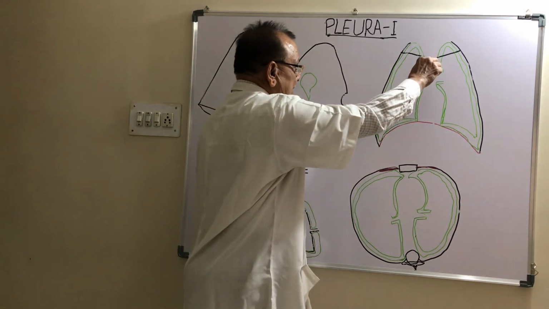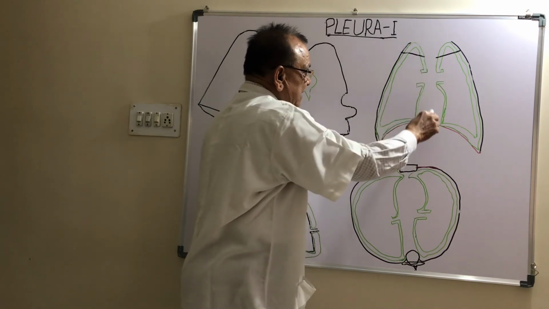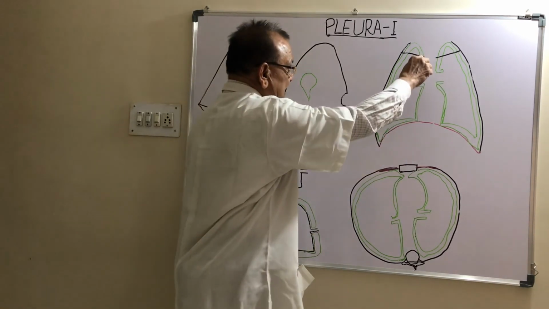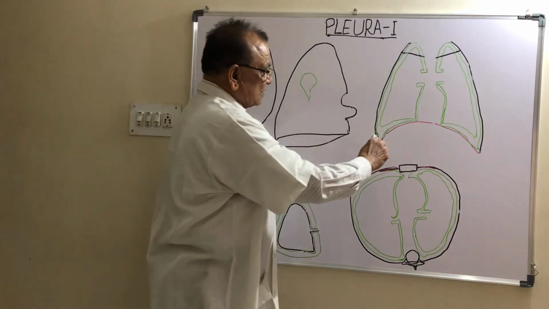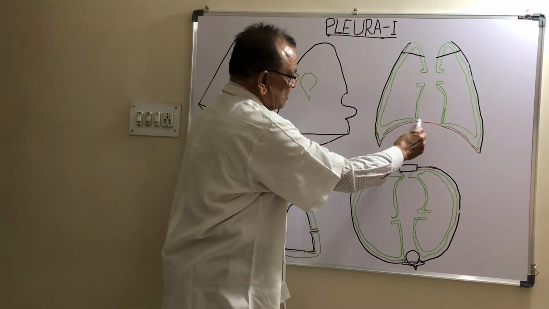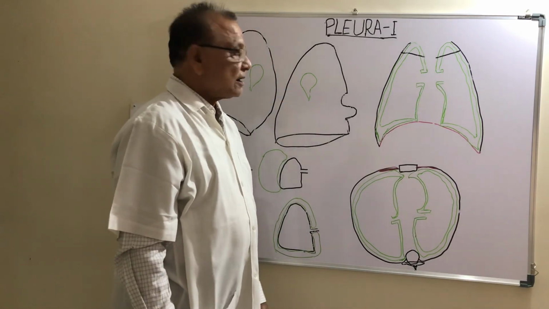This part forms the lateral limit of the mediastinum, so it is called the mediastinal pleura. This part covers the upper surface of the diaphragm, so it is called the diaphragmatic pleura.